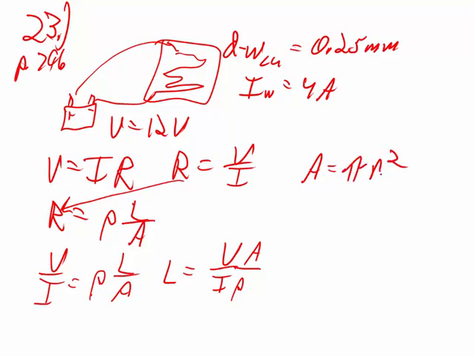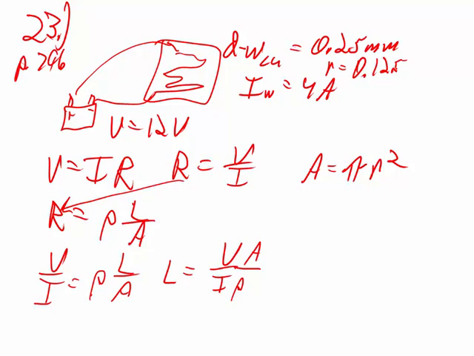It gave us the dimensions: the diameter was 0.25, so the radius of the wire would be 0.125 millimeters, because 0.125 times 2 is 0.25. So we have to use the radius of the wire.